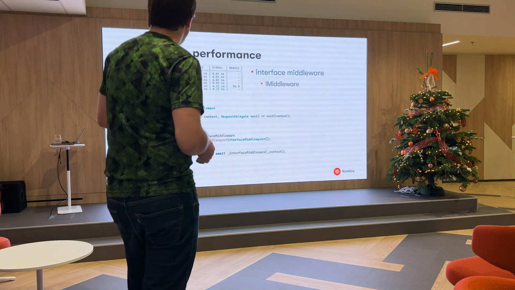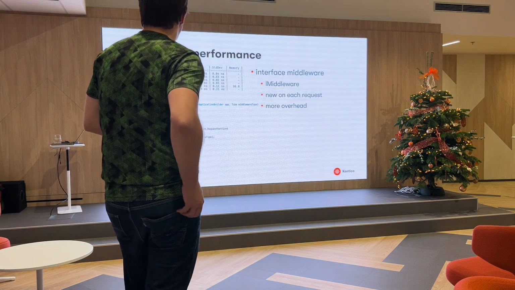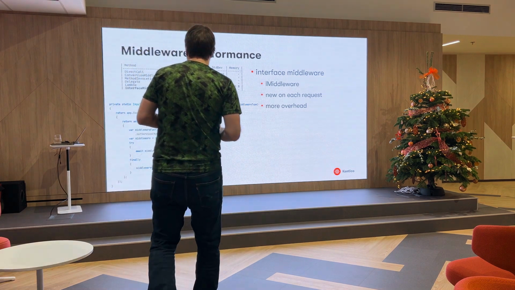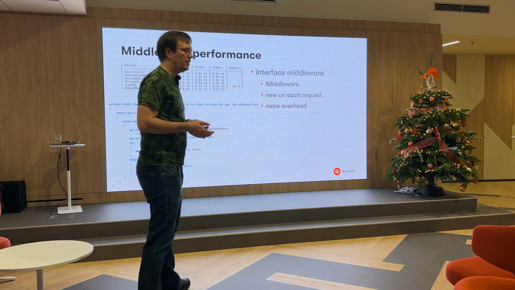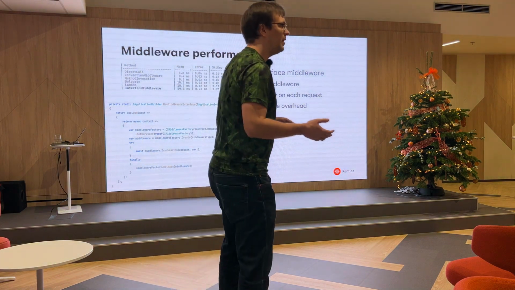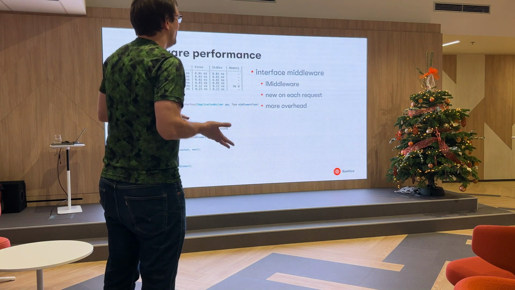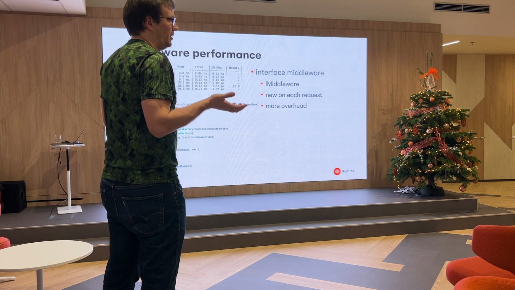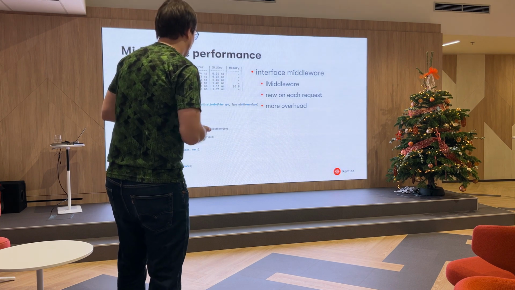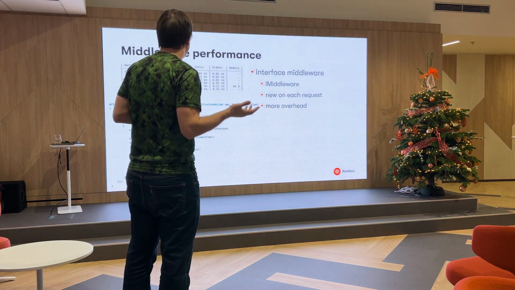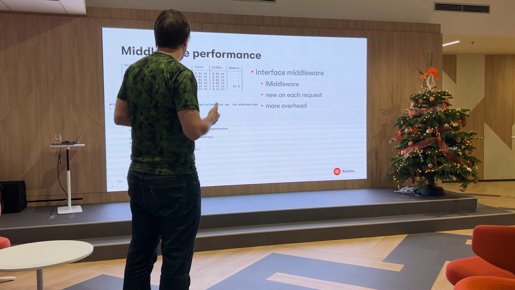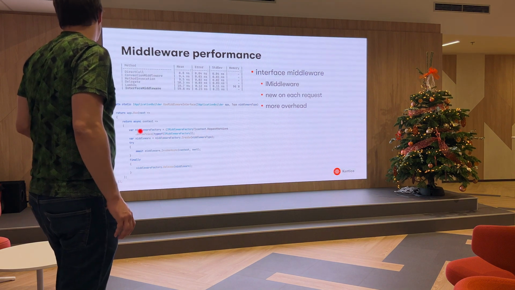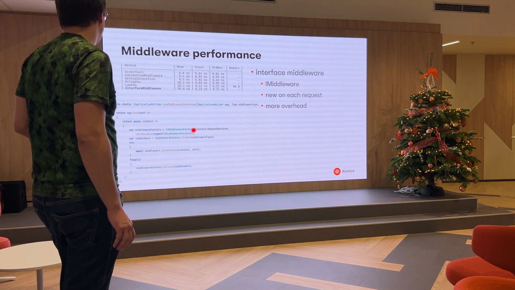The idea behind this IMiddleware interface is that we may have a middleware that needs to be disposed. The thing with disposing middleware is that once you create the middleware and it's part of the pipeline, it can't really be disposed, because the other calls would be affected. So what you can do instead is, on each request, use some middleware factory.